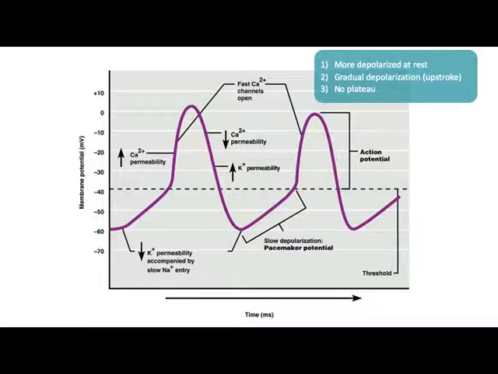Also note, there's no prolonged plateau. This entire cycle is not drawn out. There's no contraction happening in these pacemaker cells. Their sole job is to create the signal and send that signal to muscle cells that will contract. So we don't need the plateau because we don't need contraction. That has the added benefit of making the entire cycle faster.